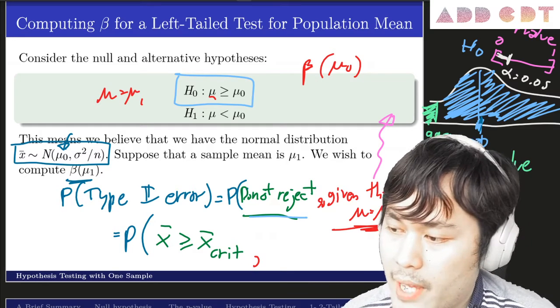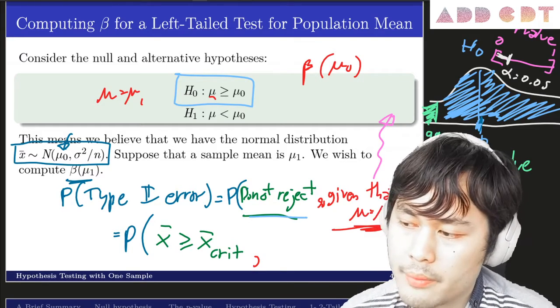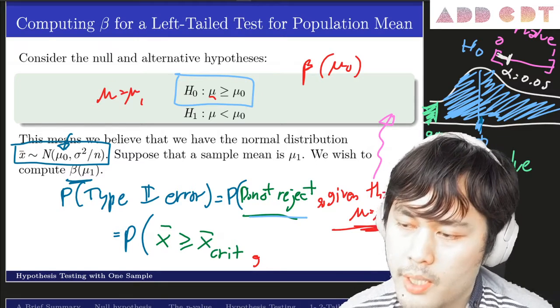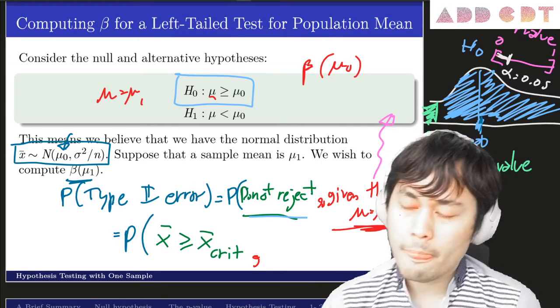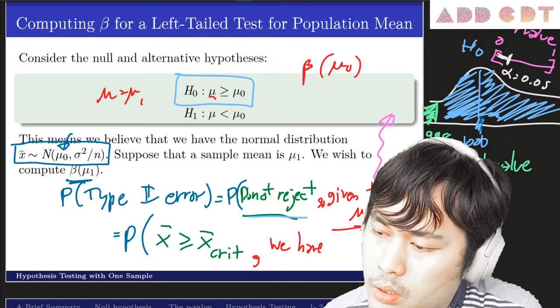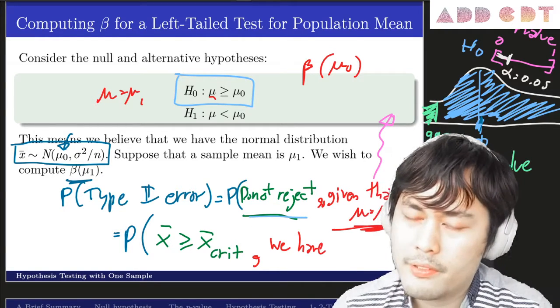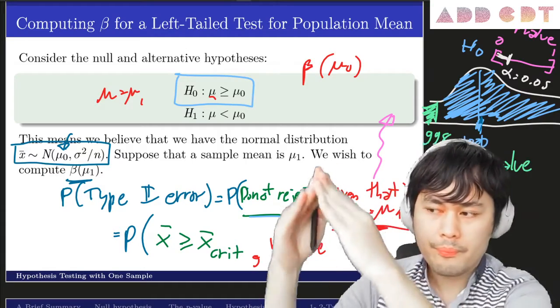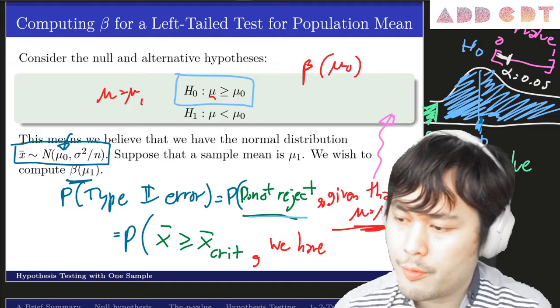And then what does it mean that the mean is mu1? What does it mean for the population mean to be mu1? It means we have the other curve instead, right? We believe it's this curve, but it's actually that curve that is slightly to the left.